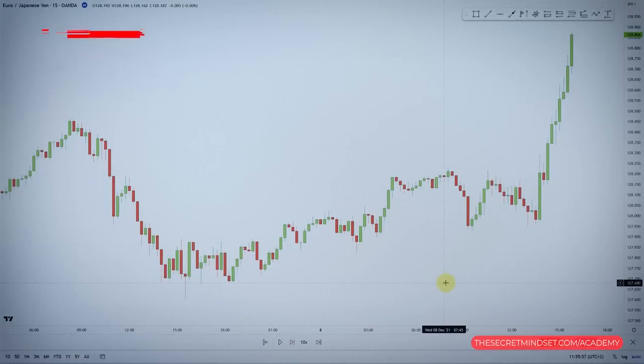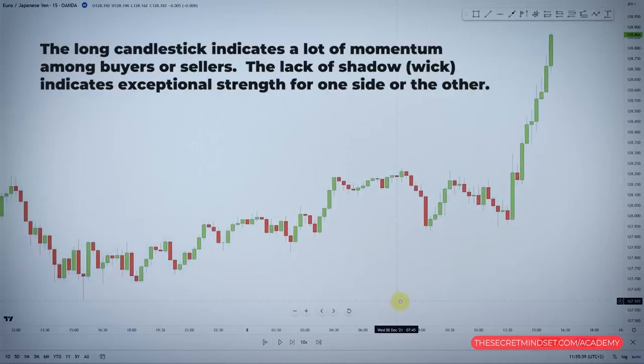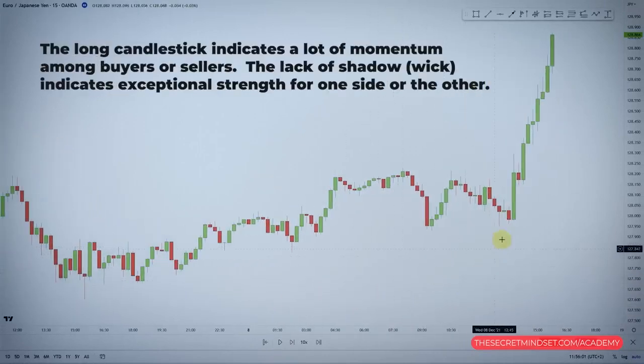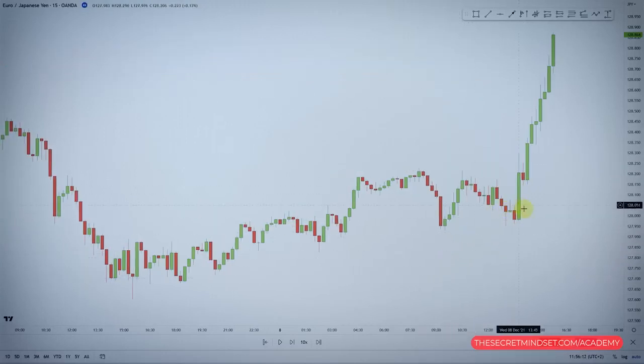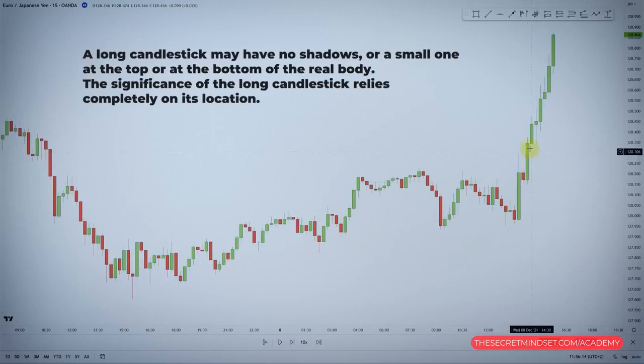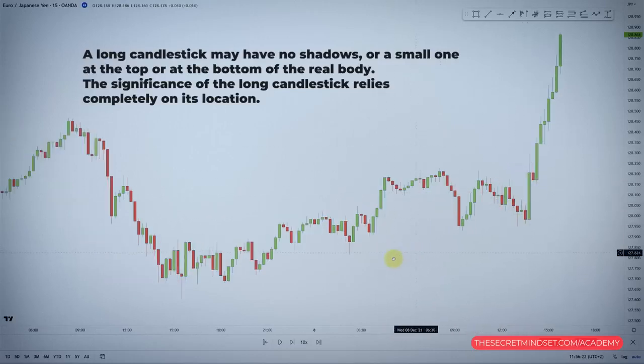The long candlestick indicates a lot of momentum among buyers or sellers. The lack of shadow or tail or wick indicates exceptional strength for one side or the other. A long candlestick may have no shadows or a small one at the top or at the bottom of the real body. The significance of the long candlestick relies completely on its location.